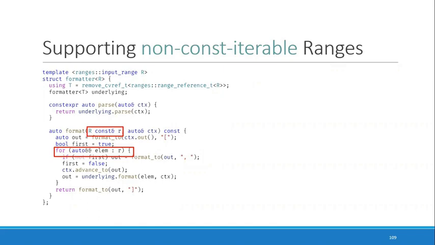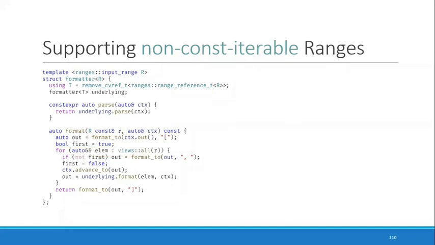And there's a wide variety of reasons that ranges might not be const iterable. Filter needs to cache begin, but other ranges actually need to mutate their own state. That's kind of inherent to the way that range works. So this doesn't work because our const filter isn't a range, so this doesn't compile. Like the loop, we just can't do it.